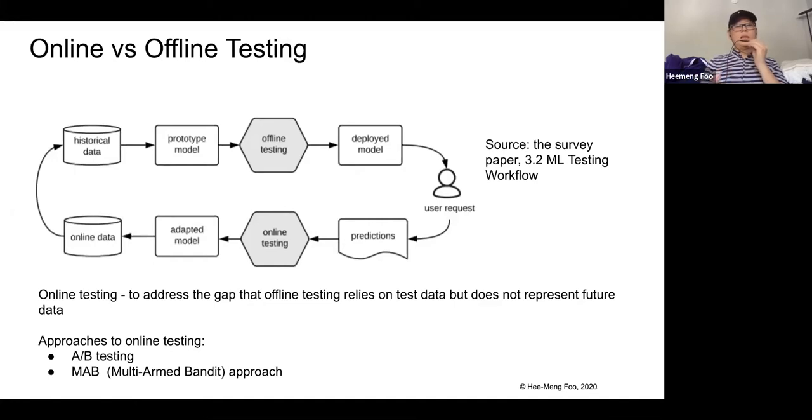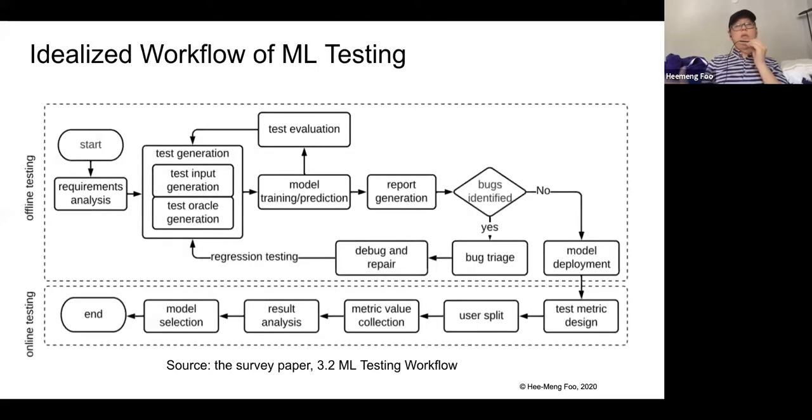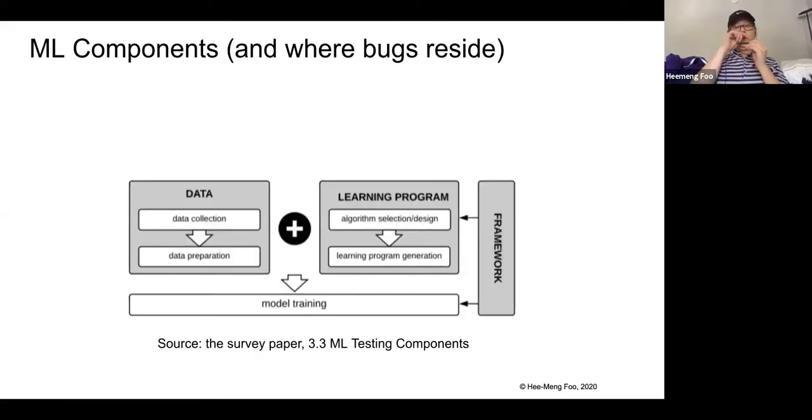So online testing, there are a number of approaches. So there's A/B testing as well as the standard multi-armed bandit approaches. So the paper also has a very nice and a lot more detailed diagram where there are a lot more parts to both offline as well as online testing, and you can see things like bug triage, bugs identified, and stuff like that in there. This is also a very good diagram for you to understand, okay, where do the bugs reside?